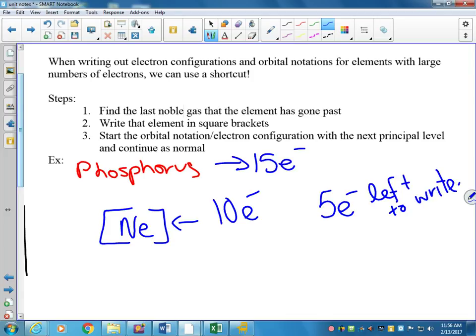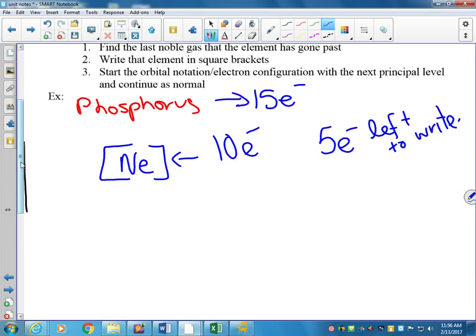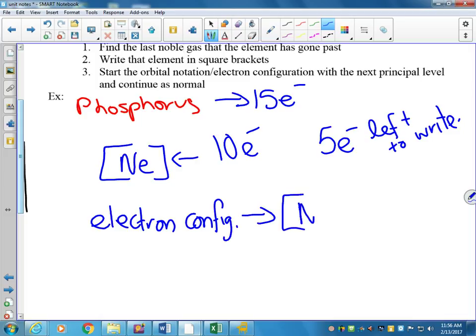So I'm going to do, do you want me to do orbital notation first, or do you want to do electron configuration first? Okay, so if we do electron configuration, we would write neon, and then after neon we're in row 3, and that's the s's.